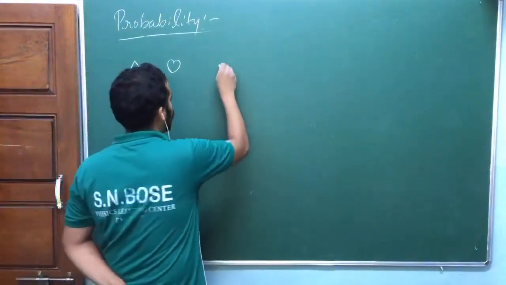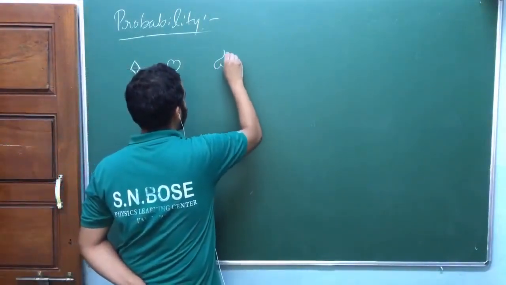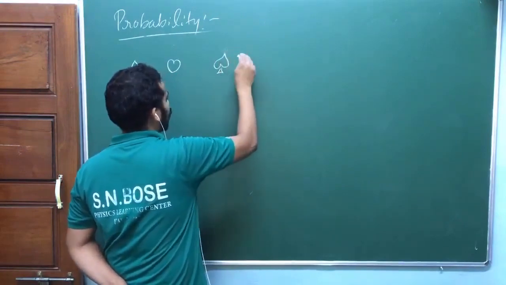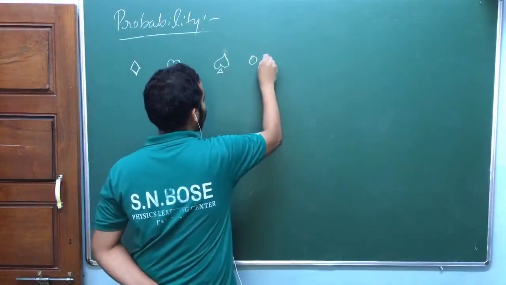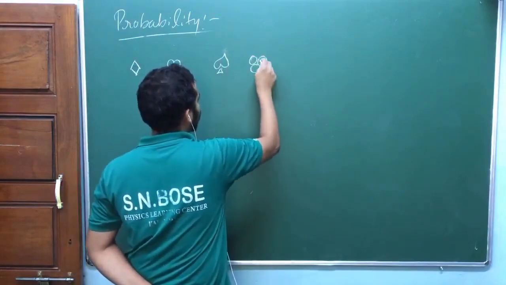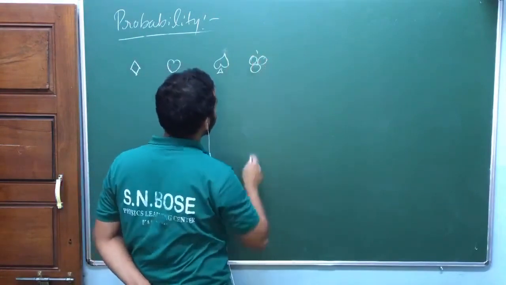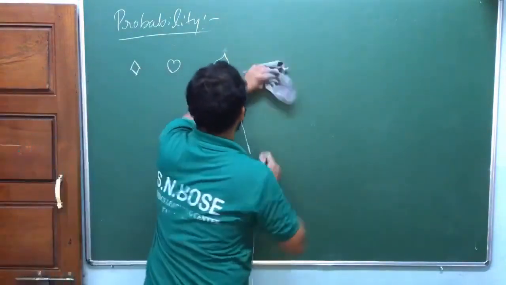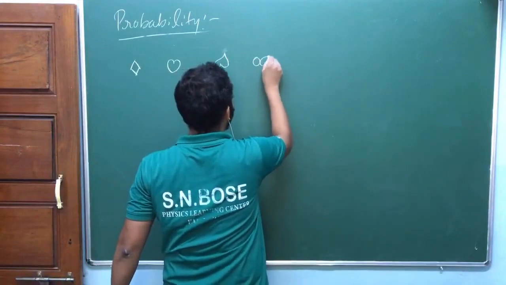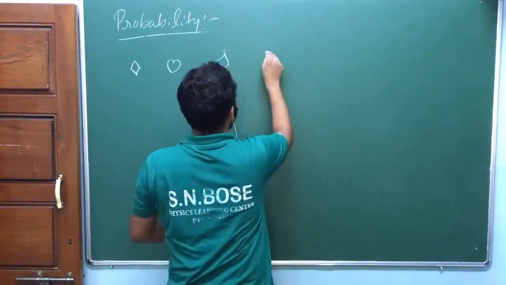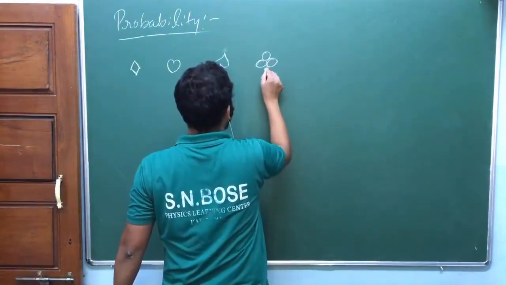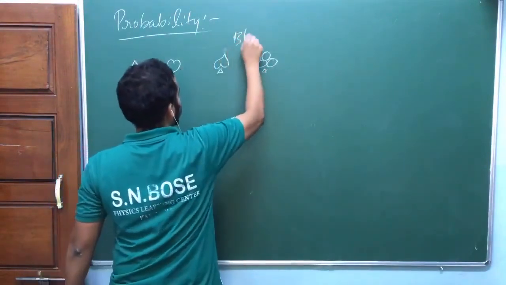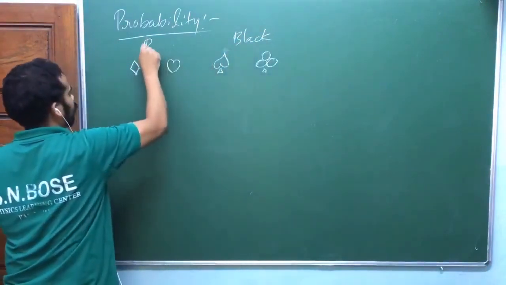The other two are spade and club. These two are black and these two are red.